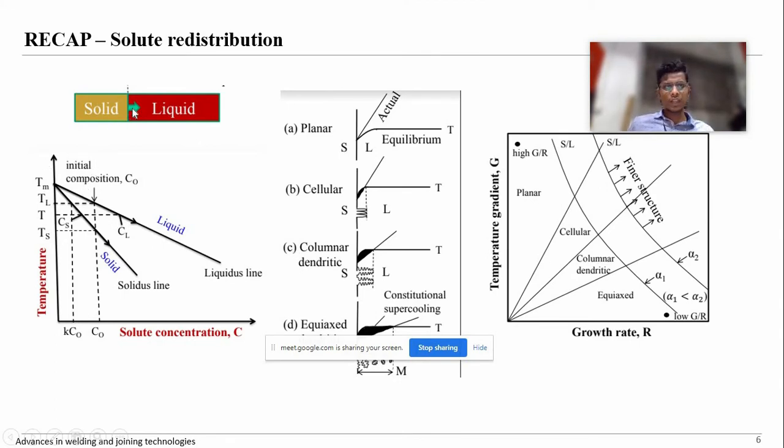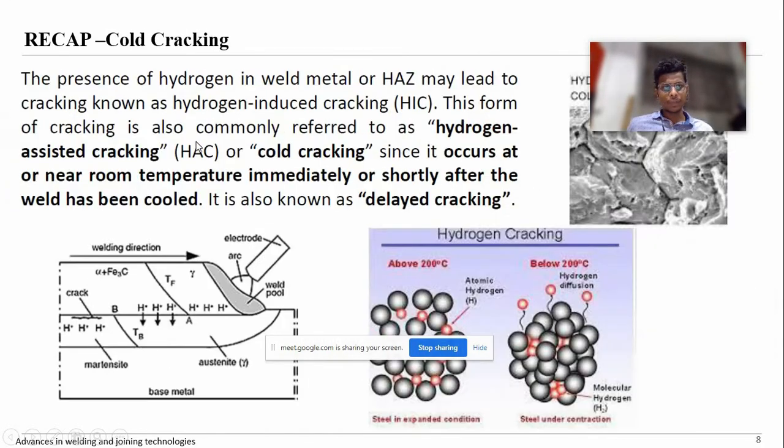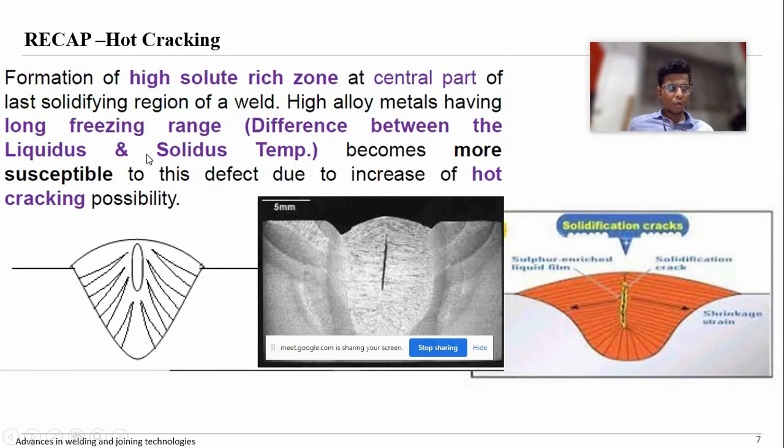I was explaining that due to the solute rejection from the solid to the liquid, the liquid will be solute rich compared to the solid at the solid-liquid interface. So how is hot cracking evolved? Suppose I consider a weld pool.